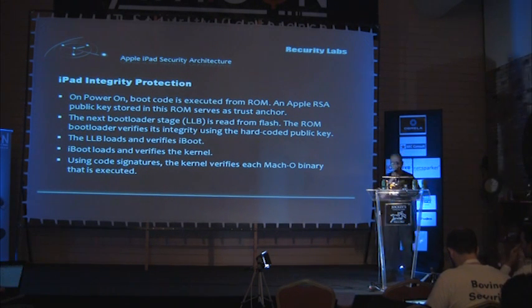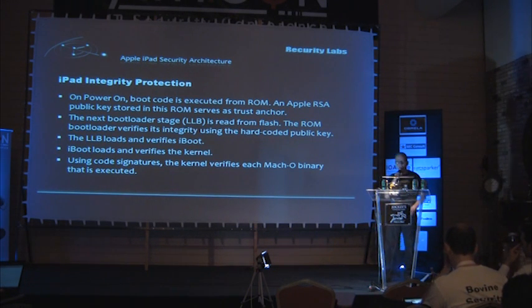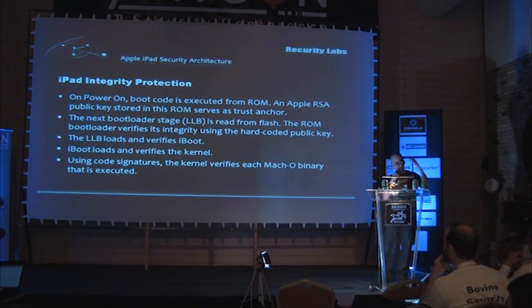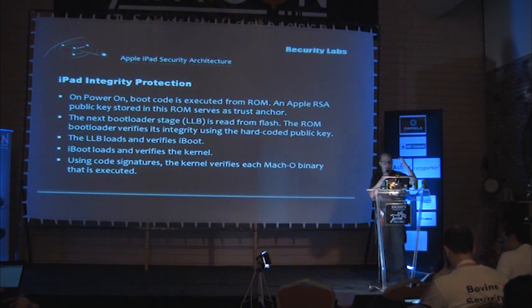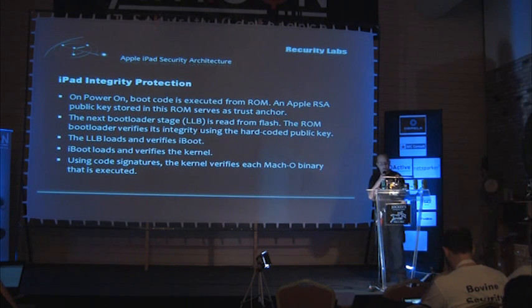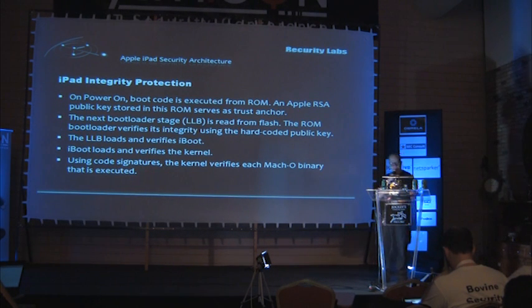They're doing this as well. They have in ROM some Apple RSA keys, and they are used for the verification of the next step, and the next step loading LLB, loading iBoot, of course it had an I in it, iBoot loading kernel, checking all the further signatures.